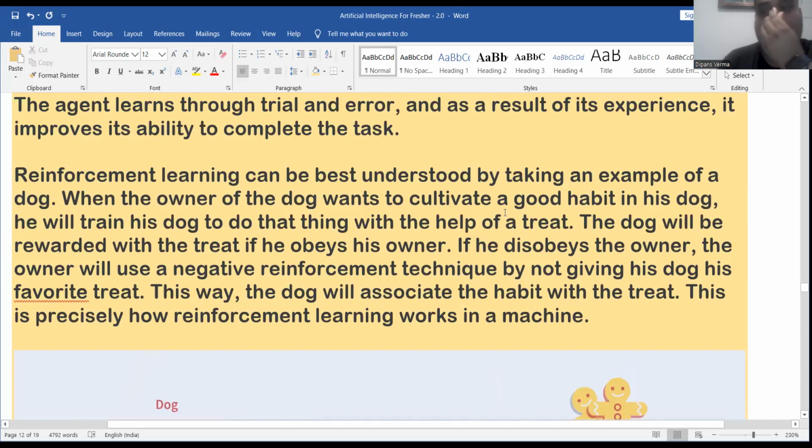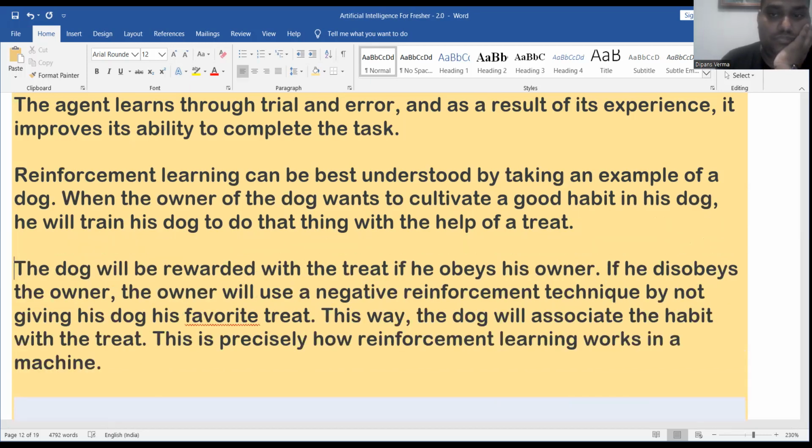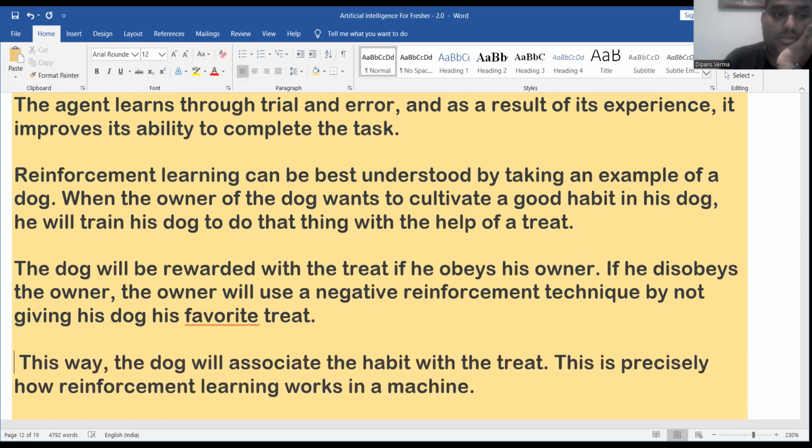It can be best understood by taking the example of a dog. When the owner of a dog wants to cultivate a good habit in his dog, he will train his dog to do that. A dog will be rewarded with a treat if he obeys his owner. If he does not obey, the owner will use a negative reinforcement technique by not giving his dog his favorite treat.